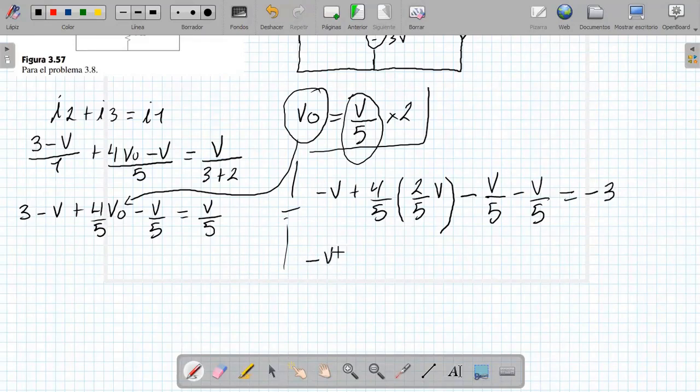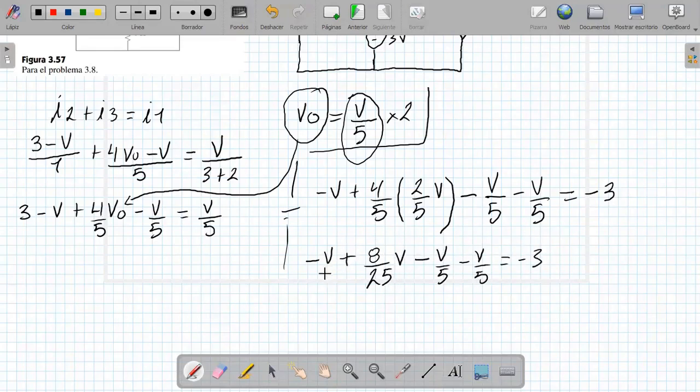Okay, so I continue operating. I have minus V plus 4 times 2 is 8, 5 times 5 is 25, so 8/25 of V, minus V over 5, minus V over 5, equals negative 3.